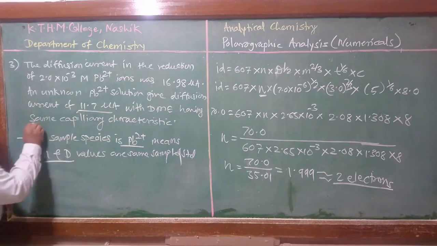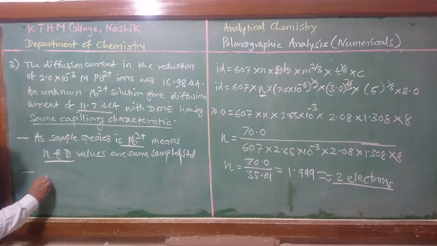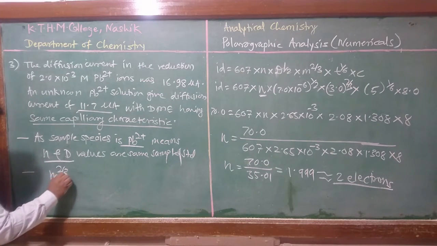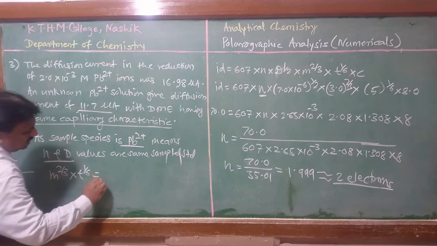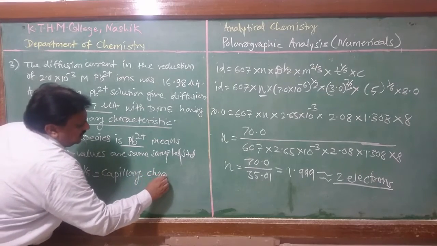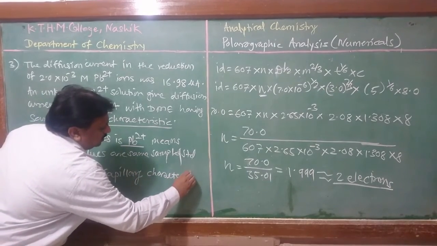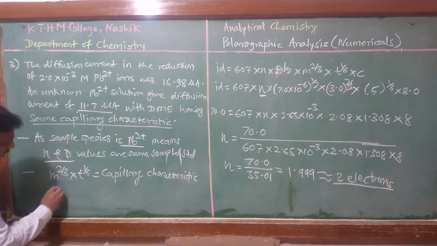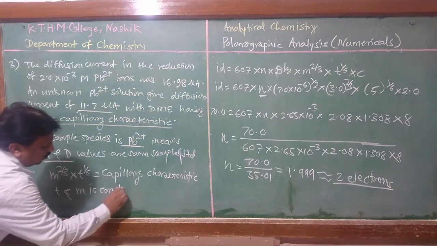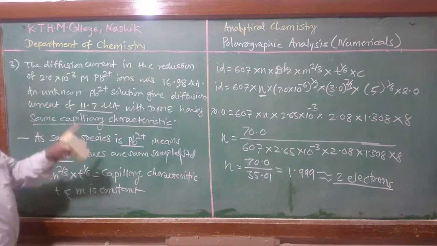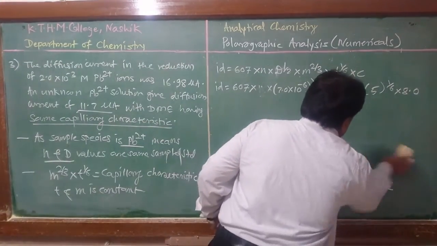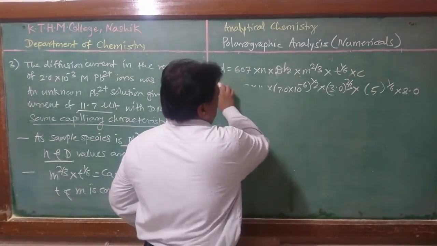Similarly, the capillary characteristic is the same. In polarography, the product of m raised to 2 by 3 into t raised to 1 by 6 is called the capillary characteristic. And the capillary characteristic is constant, meaning drop rate, t and m are constant for both measurements, and therefore by using the equation we can find out the concentration of lead in the sample solution.